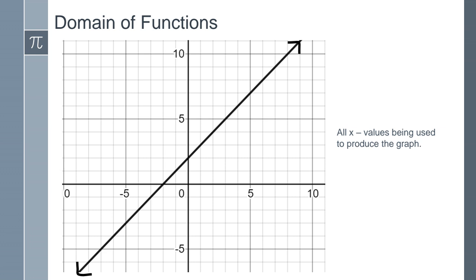Now the domain is any number that can be used to help you create this graph. So for example, if I pick this x value of 5, if I go up, it's actually going to be part of my graph. So if it helps you create the graph, then it's going to be part of your domain.